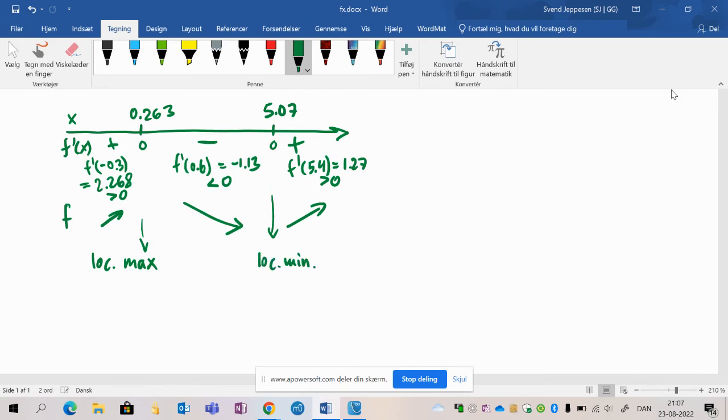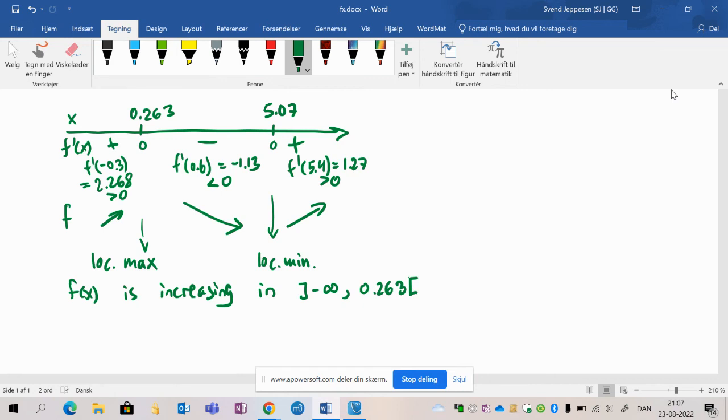Finally, you need to make your statements about the increasing and decreasing intervals. So you write that f of x is increasing in the first interval, from negative infinity to 0.263. And then you have to decide if you want to include it or not. Usually I include it. In the book, they do not include it.